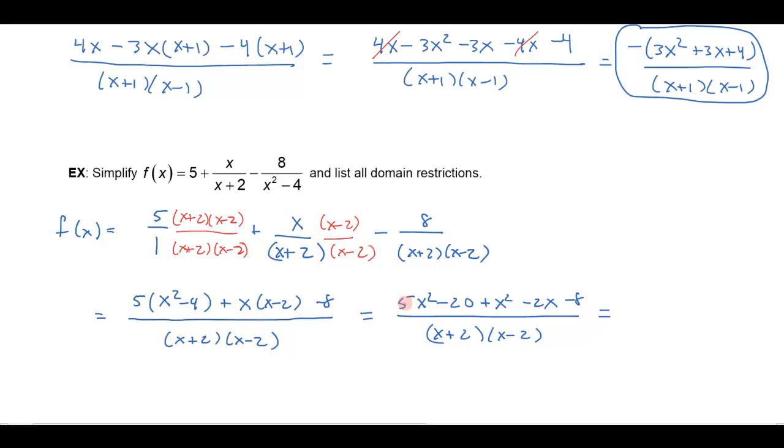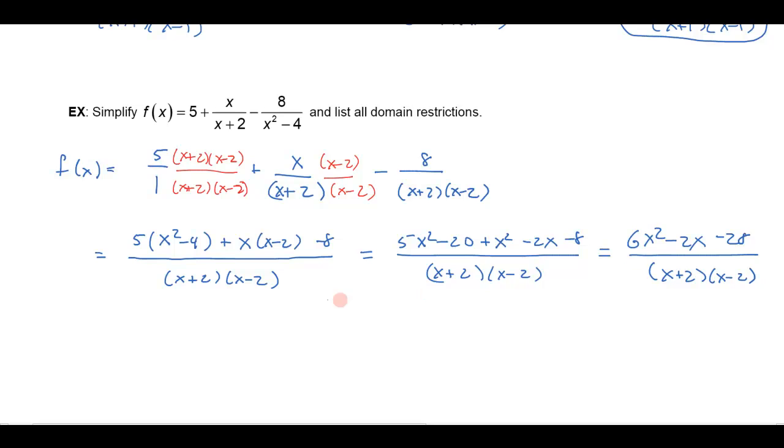All right, so that gives me 6x squared for the squareds, and then I've got a minus 2x and minus 28, all over that. So there's a common factor of 2 there. Let's factor that out.